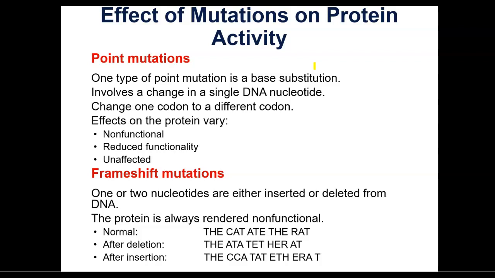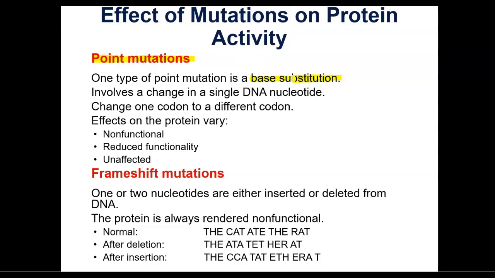So anyway, effects of mutations on protein activity. Any mutation can lead to a change in the amino acid sequence of the protein. A point mutation is the least, I guess, dangerous or detrimental type of mutation. One type of point mutation is called a base substitution.